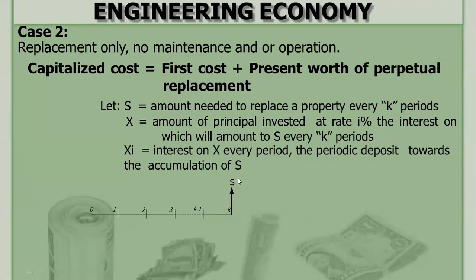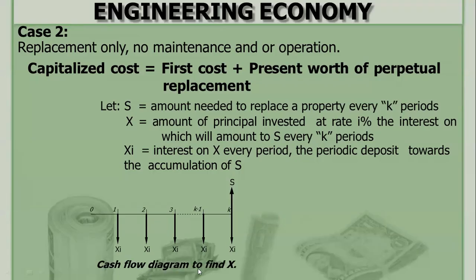And to get this S, we use the interest on the amount being invested, XI. If you get the future worth of all these interests, it will sum up to S. The interest on which will amount to S.